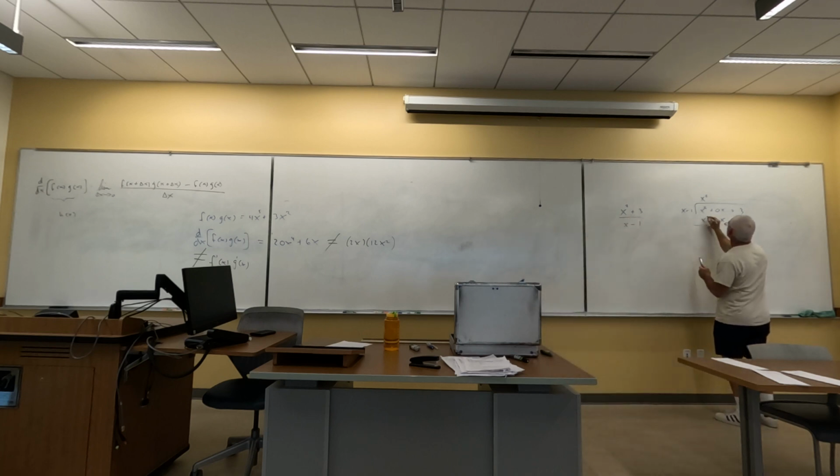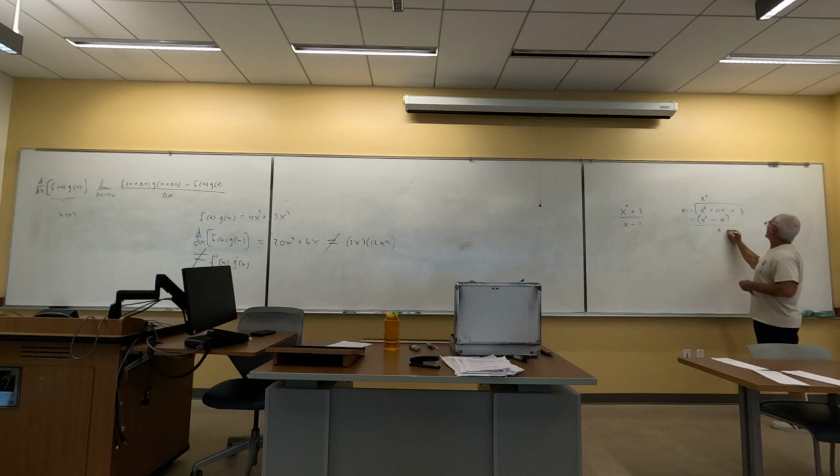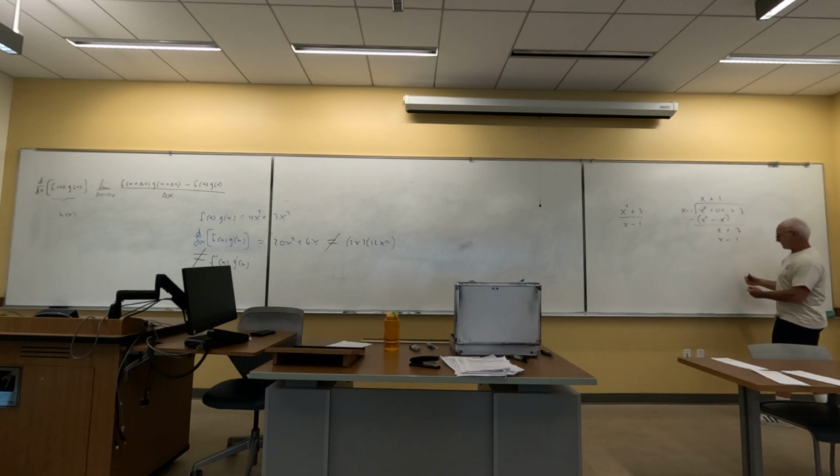Then I subtract the quantity. And that would leave me with x plus 3. I'm sorry, there should only be an x there, my bad. Then x goes into x one time. 1 times x minus 1.